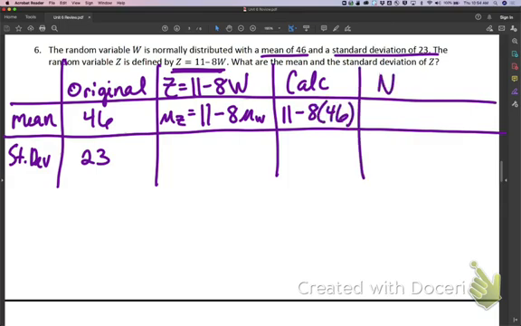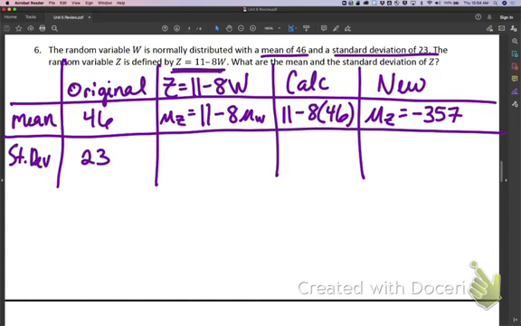And when I plug that into my calculator, the new mean of Z equals negative 357. It's totally fine to have a negative mean. That's not a big deal. You cannot have a negative standard deviation, however, but your mean can be negative.